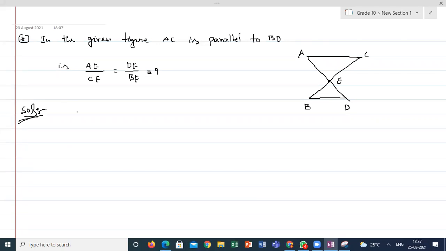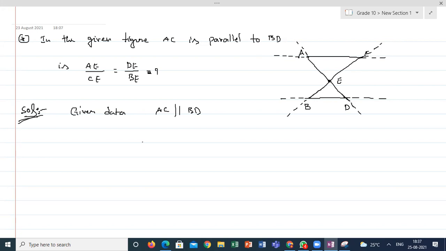The given data: AC is parallel to BD. To understand this, extend AC with the dotted lines. BC also extend. You can see the concept of transversal lines.